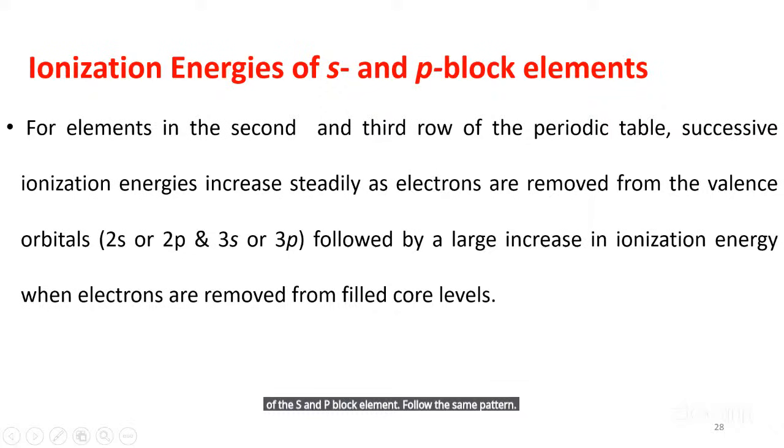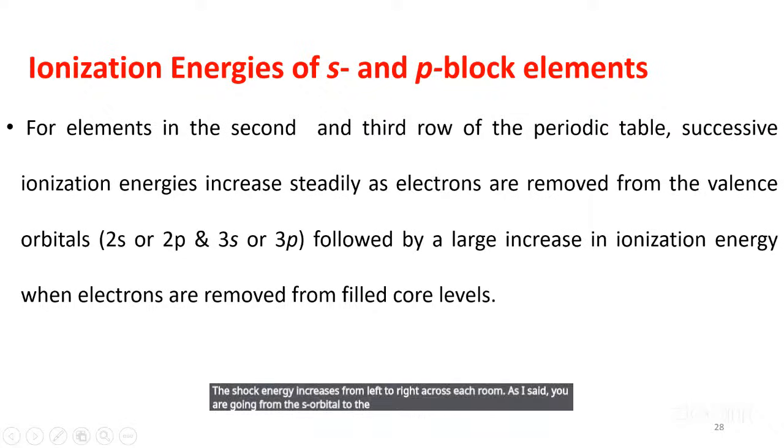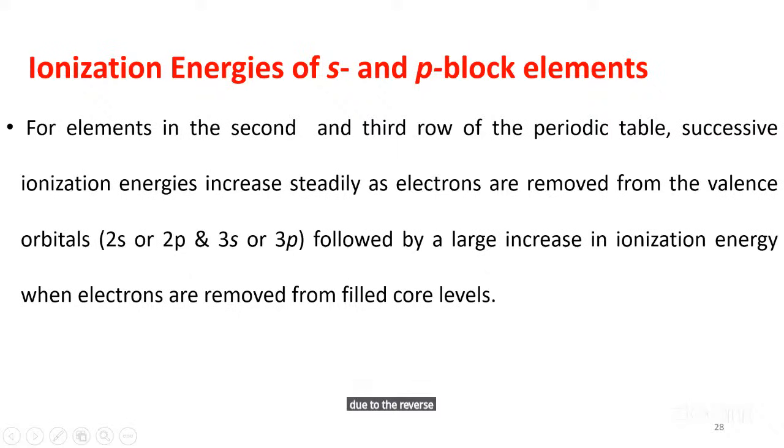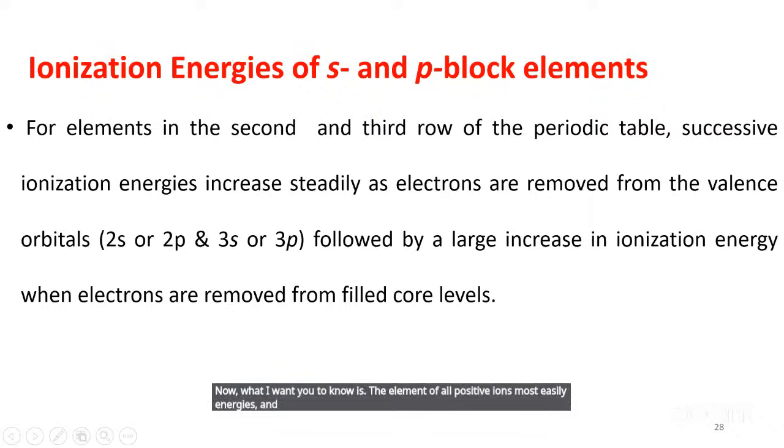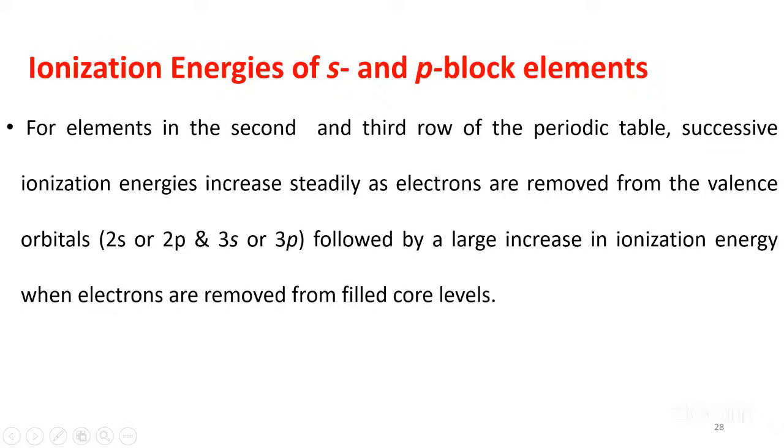Ionization energies increase from left to right across each row, going from the s orbital to the p orbital, due to the valence electrons and the radius. What I want you to know is that the elements that form positive ions most easily have the lowest ionization energies, and the elements that are the hardest to ionize have the highest.